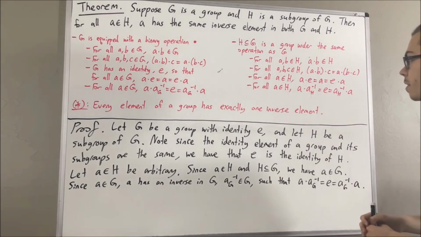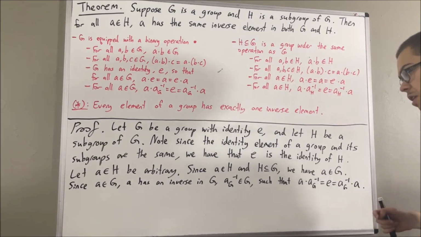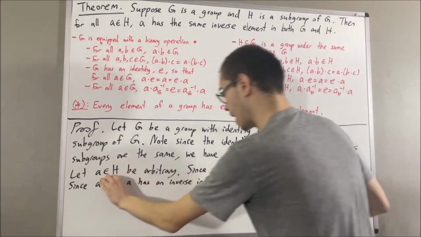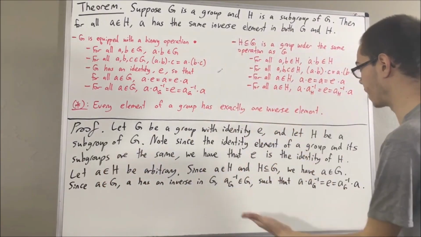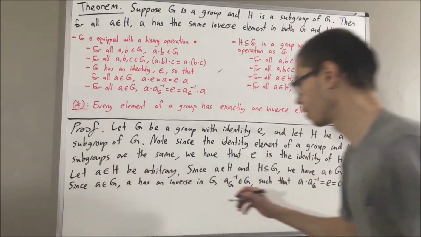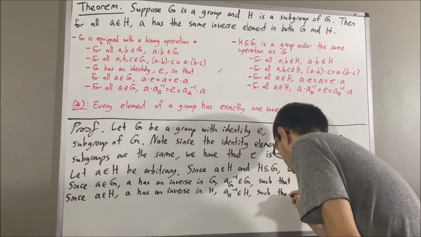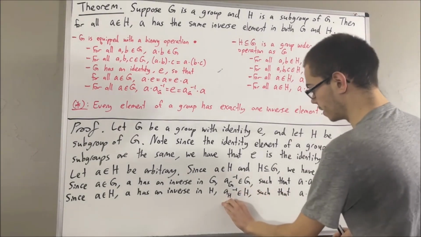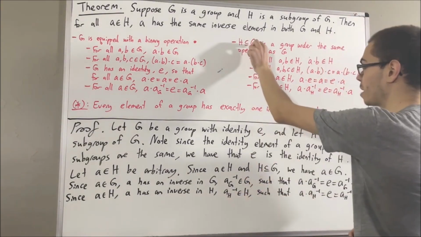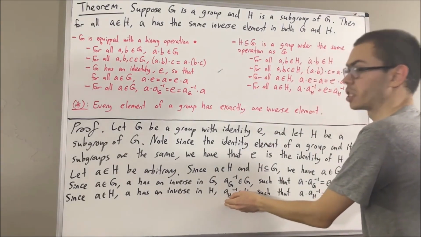And also, since H is a group, we know that every element of H has an inverse. So, since A is an element of H, A must have an inverse in H. And the inverse of A in H satisfies this property. Now again, since this guy is an element of H, and H is a subset of G, that tells us that the inverse of A in H also belongs to G.